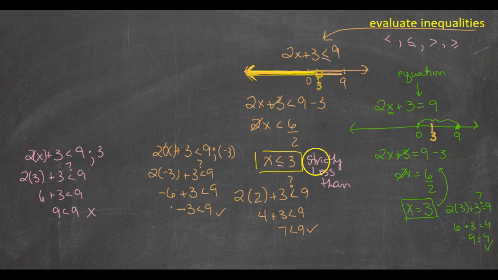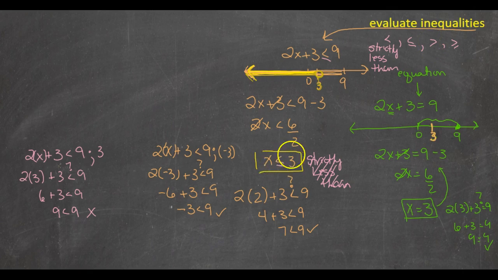So that means that this is no longer strictly less than. It's less than or equal to. So I can write strictly up here. Right, strictly less than, meaning the equal to part doesn't exist for this symbol, and this would be strictly greater than.